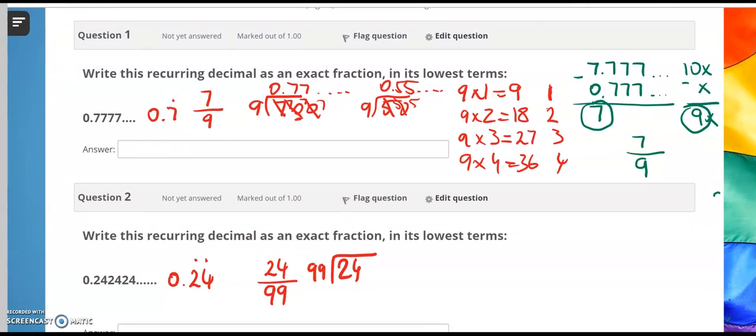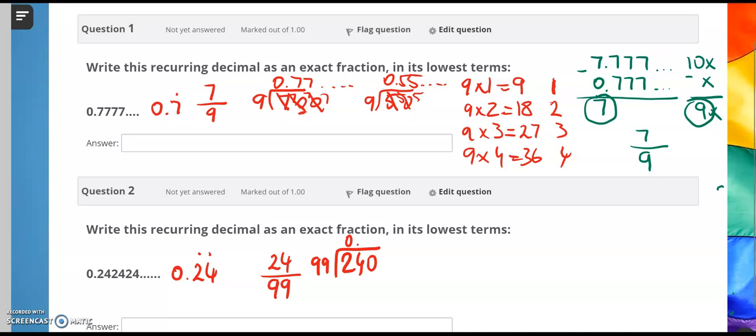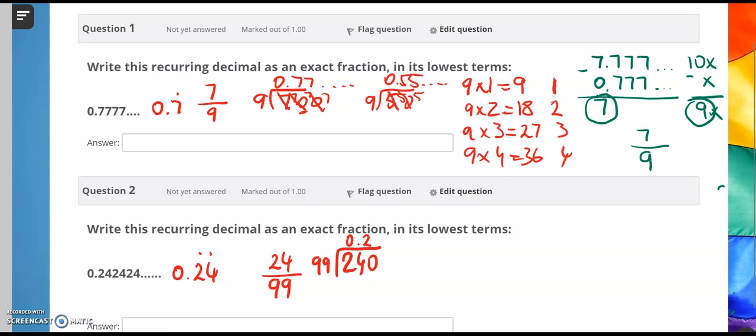How many 99s into 24? That is 0 lots of them. And adding a 0 to 24, making 240. How many 99s would that be? That's just 2 of them. And we have 42 remaining. So adding a 0 again, that would be 4 lots of 99.